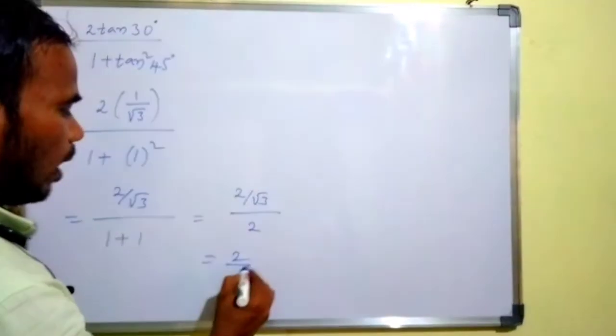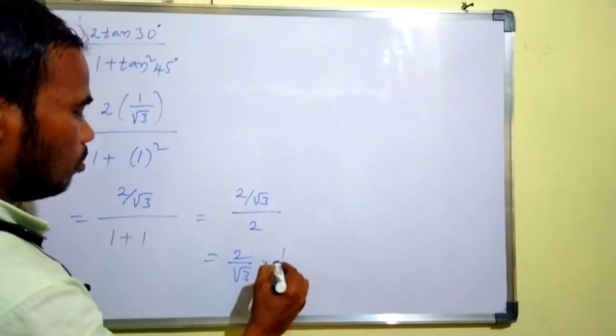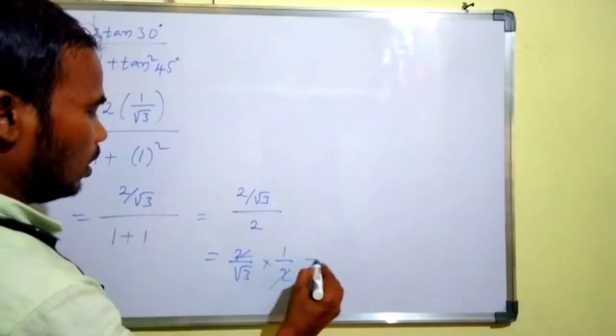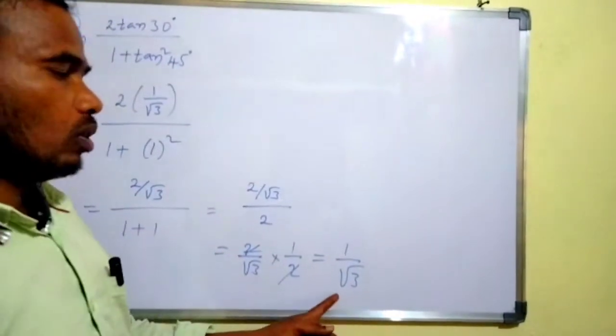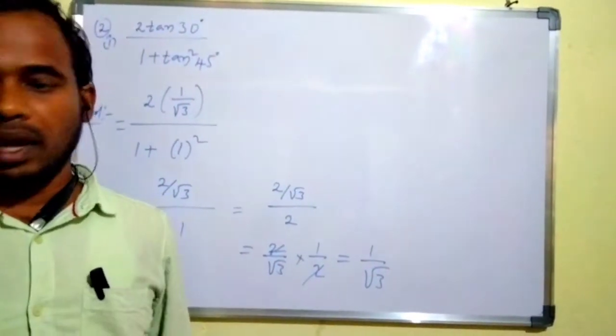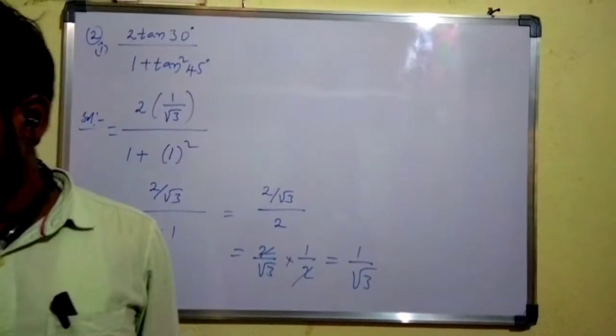So 2 by root 3, by 2, take the reciprocal, 1 by 2. The 2s cancel. Final answer is 1 by root 3. 1 by root 3 is the value we look for in the options. Option A, sin 60, is not matching.